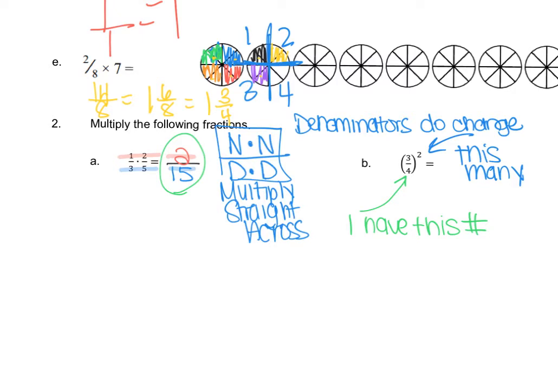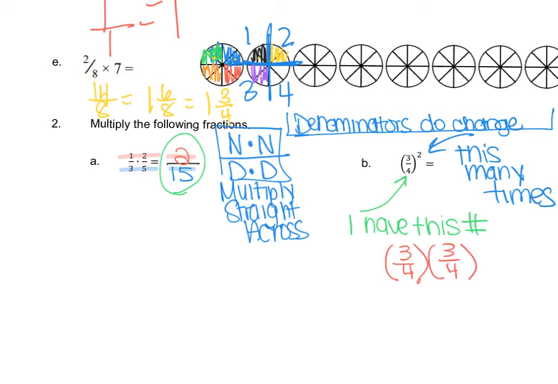So if I have this number this many times, this means that I have 3/4 times 3/4.